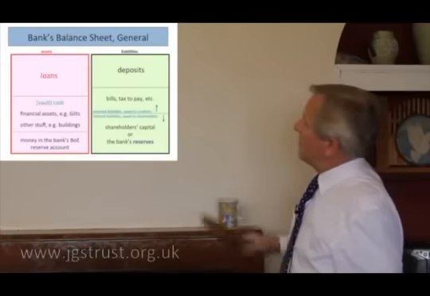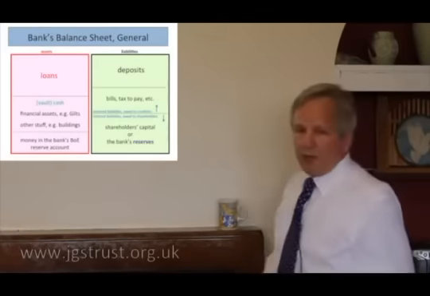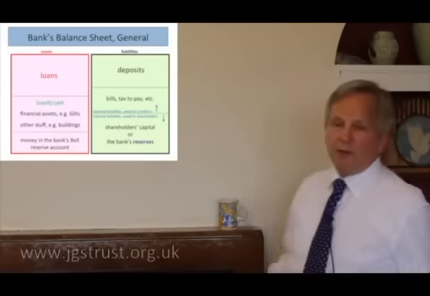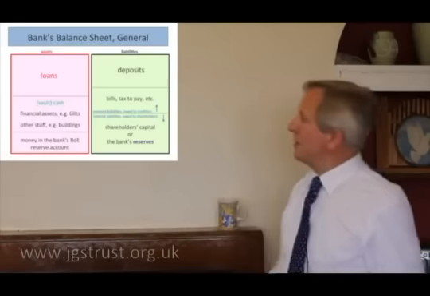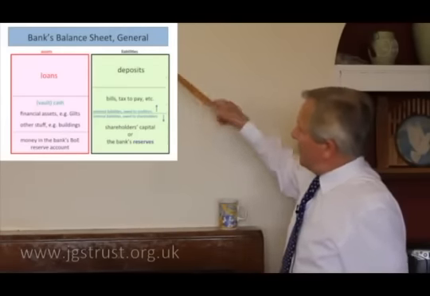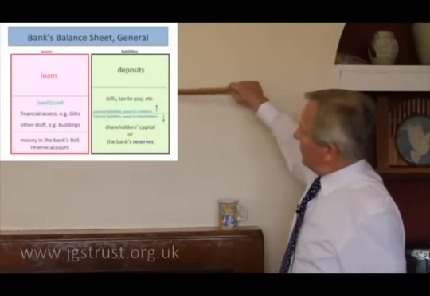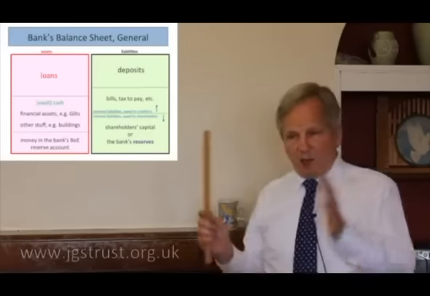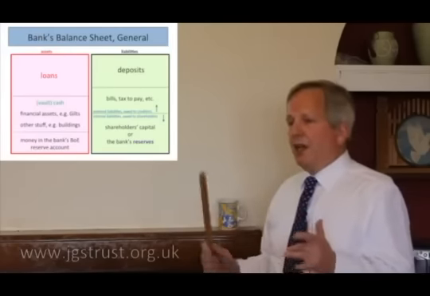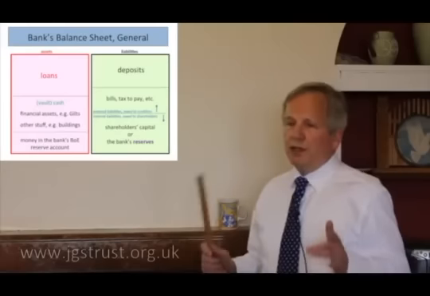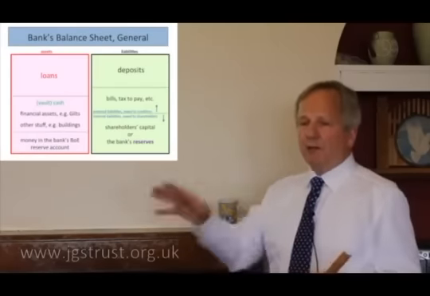Other liabilities that banks have, well, they have all the usual expenses of any business. They owe tax, they have to pay electricity bills, etc. But like any business, they have this shareholders' capital account, which is a number on the liability side of their balance sheet, and it represents something quite important. It's what the shareholders would get were the bank to be wound up now.